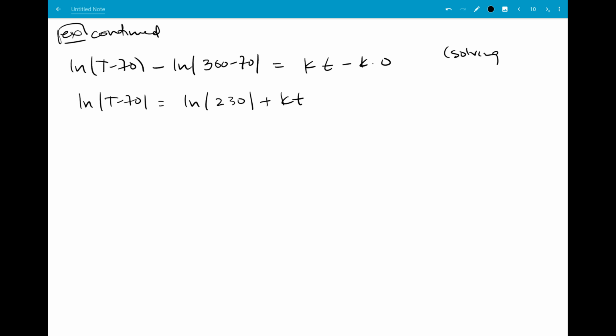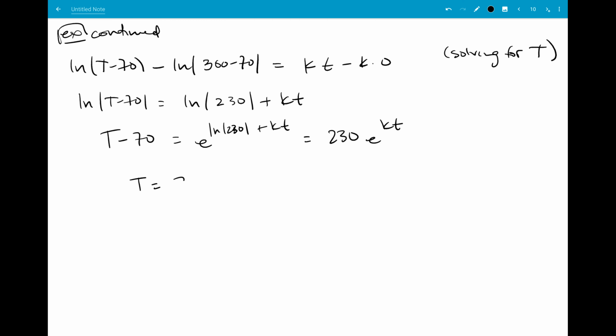All of this here, I'm just going to be solving for capital T. So I take the exponential of both sides. I get T minus 70 is equal to e to the natural log of 230 plus kt, which is just 230 e to the kt.